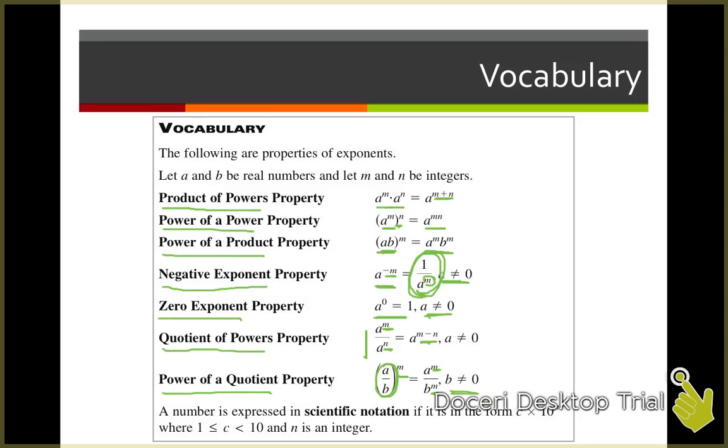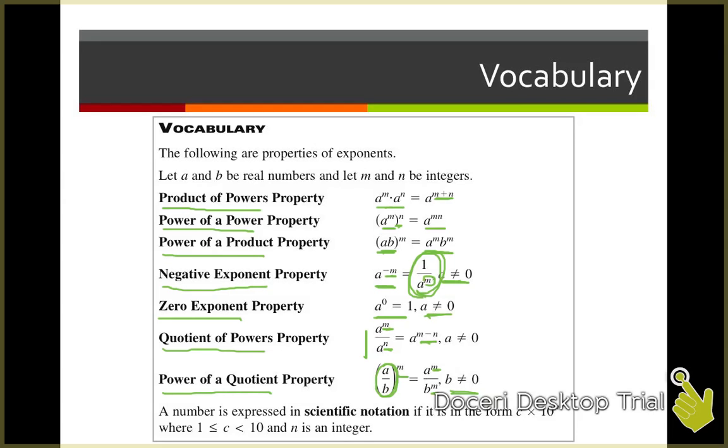So all of these properties are really tools or maybe even tricks that you can use to help simplify things, to help evaluate things, and to help make the work easier. Okay, we're trying to come up with ways that will give us simplified answers in an easy, efficient way.